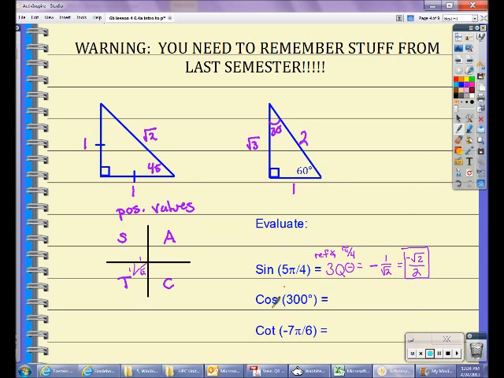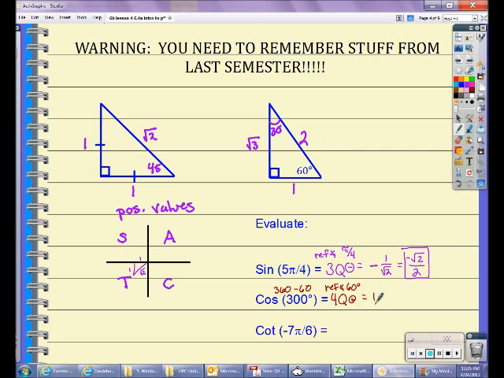For cosine of 300, yes, we're going back and forth between degrees and radians, deal with it. I think, what quadrant is that in? Well, 300 degrees is 60 less than 360. So that tells me I'm in my fourth quadrant, where cosine is positive, and my reference angle is 60 degrees.